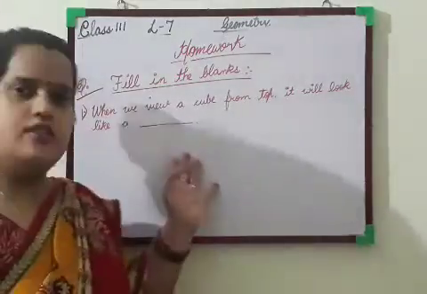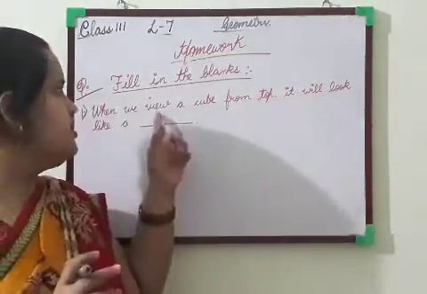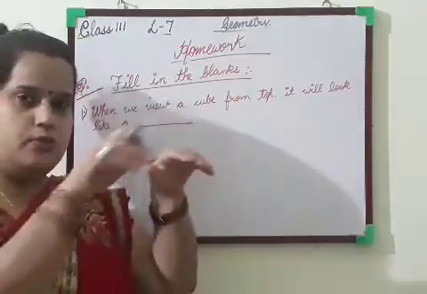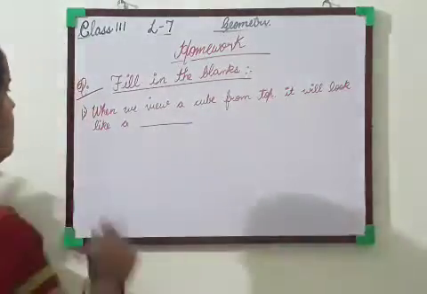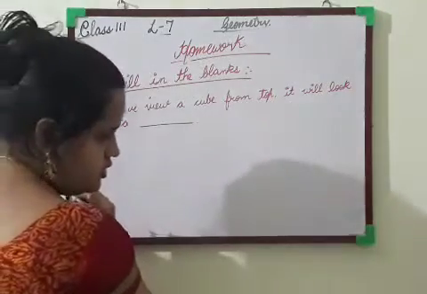Very easy. Just now I told you, whenever we see a cube, whenever view means see, observe. Whenever we see a cube from the top, which shape, how will it look like? We have to fill in that.